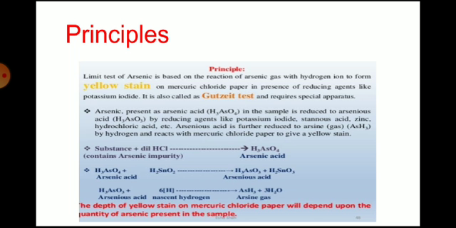That means arsenious acid is further reduced to arsine gas by hydrogen, which then reacts with the mercuric chloride paper and gives a yellow stain. The depth of the yellow stain on the mercuric chloride paper depends upon the quantity of arsenic present in the sample. The reaction is as shown in the figure.